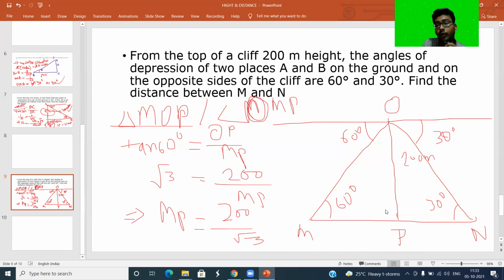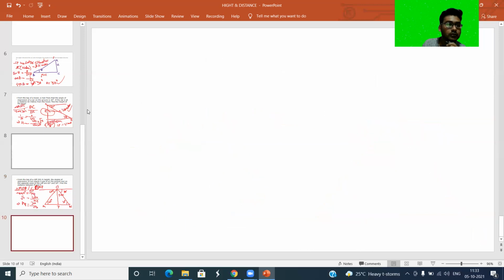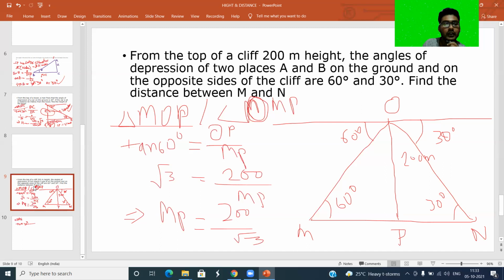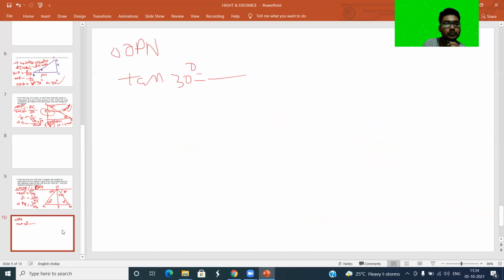Easy. Then triangle OPN. In triangle OPN, we take tan 30°. tan 30° is equal to height, height means OP by PN. We know the tan 30° value is 1 by √3.